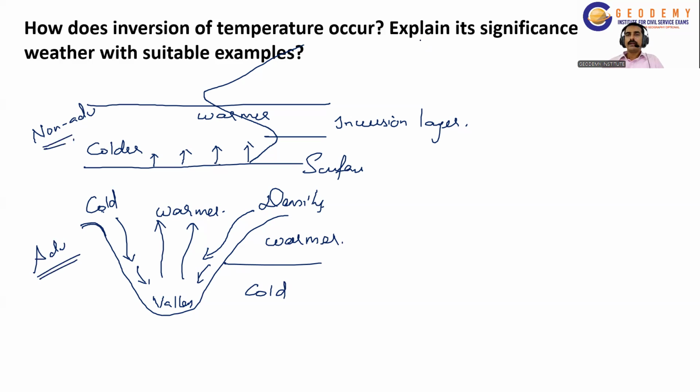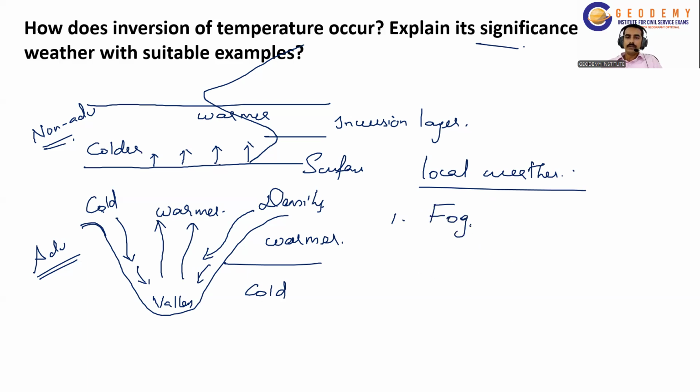Then explain its significance on local weather with suitable examples. The local weather conditions are changed by this. One is when the air mass which touches the surface has little moisture content, fog is formed here.